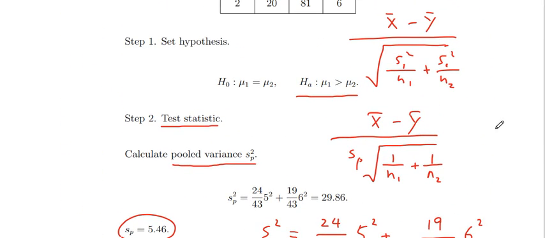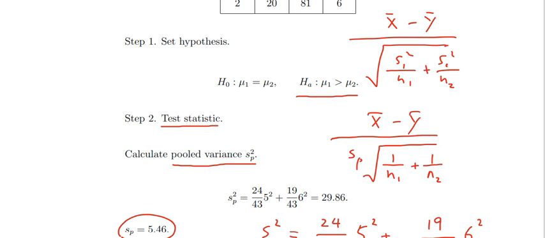We have this formula: x bar minus y bar over sp times the square root of 1 over n1 plus 1 over n2. Here sp is the pooled variance, pooled standard deviation. So we have this notation like pooled variance, pooled standard deviation, and pooled mean, pooled average.